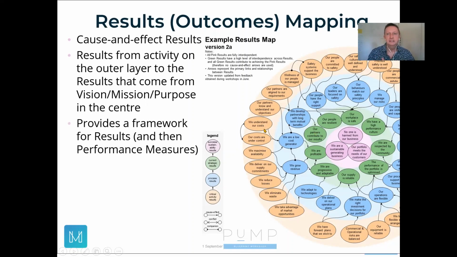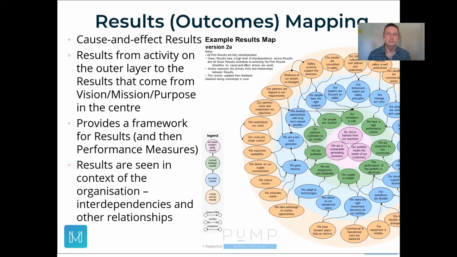It then gives us this performance measurement framework, which means that all of our performance measures and results get into a context for the organization. Right? We're not just taking lists of measures and taking one measure out and looking at it. We're actually looking at how it fits within that framework, and particularly in that cause and effect framework.